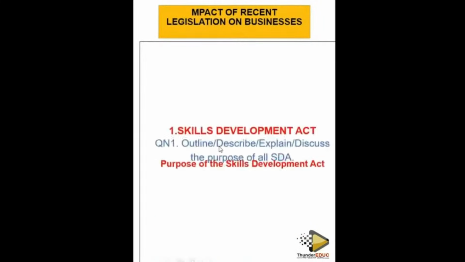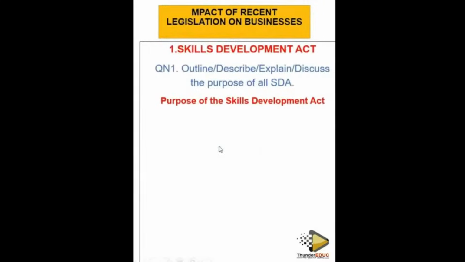So now the impact of recent legislation on businesses. The question can come that says outline or describe or explain or discuss the purpose of the Skills Development Act.